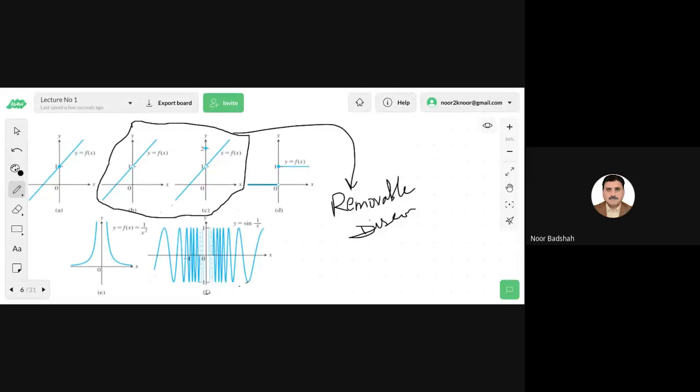So in part C, there is a hole right here. The value is defined, the limit exists. You see, both limits are going toward the same number 1, but value and limit are not the same. Condition number 3 is not satisfied. So this type of discontinuity is known as removable discontinuity.